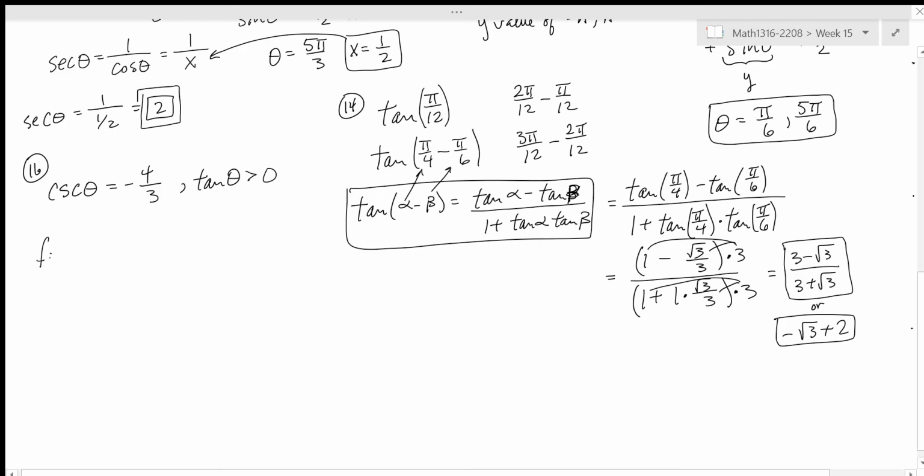They want us to find cosine of 2 theta. That's what they want us to find, cosine of 2 theta. Now, if memory serves me, I think in your formula sheets, there's actually 3 formulas for cosine of 2 theta.